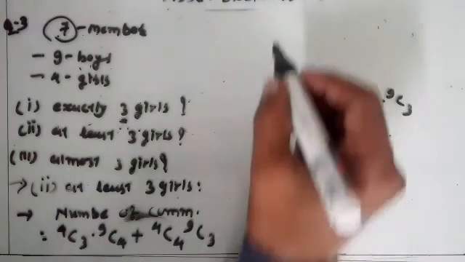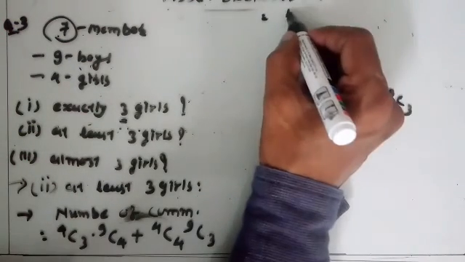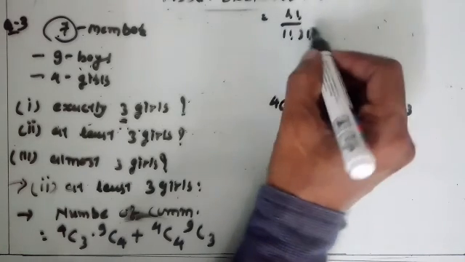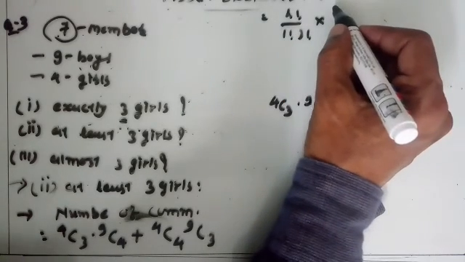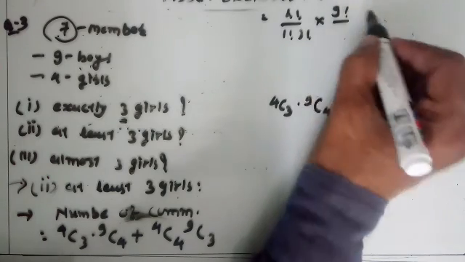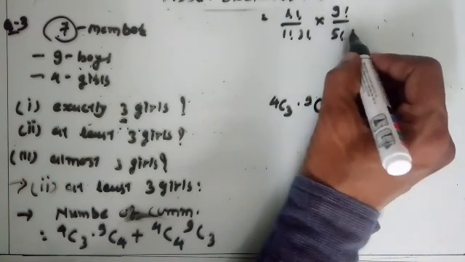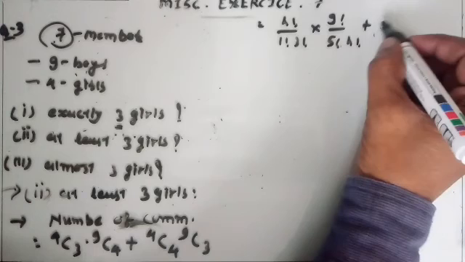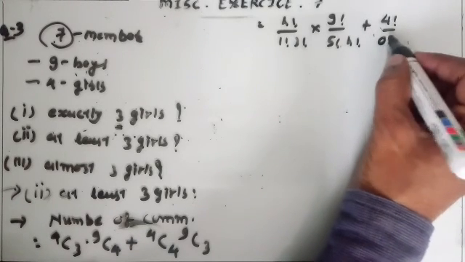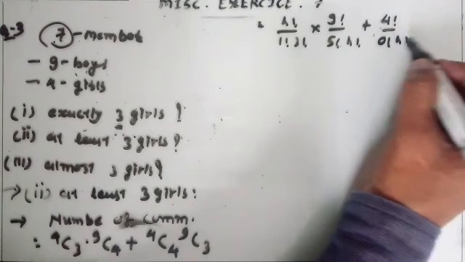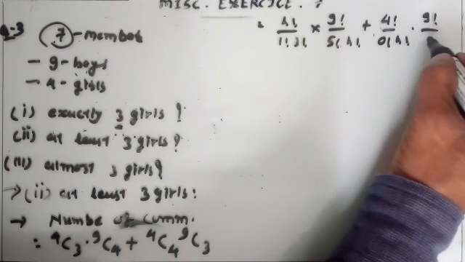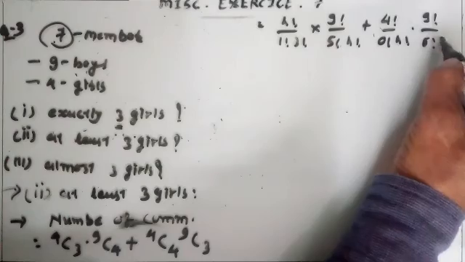Now 4C3 is equal to 4 factorial upon (4 minus 3), that is 1 factorial, into 3 factorial, into 9C4, which is 9 factorial upon 5 factorial into 4 factorial, plus 4C4, that is 4 factorial upon (4 minus 4), that is 0 factorial, into 4 factorial, into 9C3, that is 9 factorial upon (9 minus 3), that is 6 factorial, into 3 factorial.